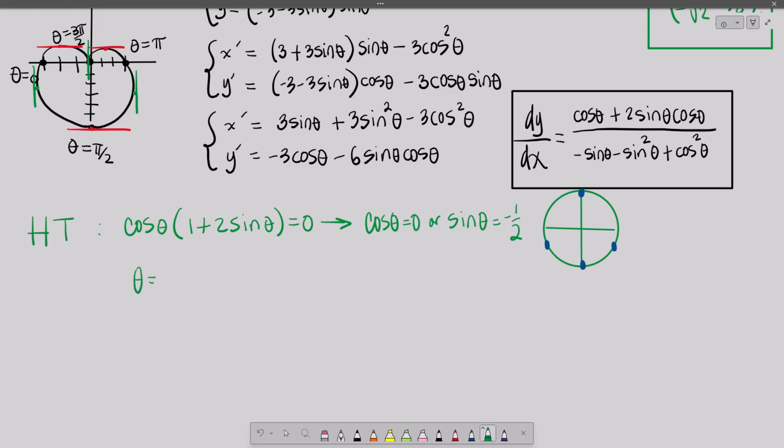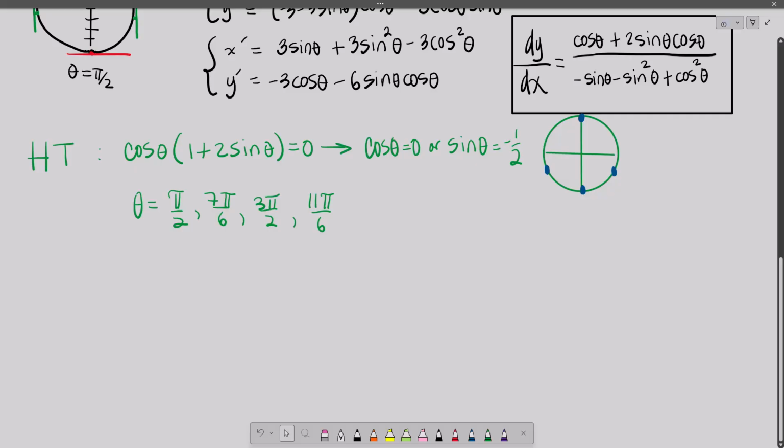Theta is equal to, let's just go in order, pi over 2, 7 pi over 6, 3 pi over 2, and 11 pi over 6. So there are the 4 zeros. Those are our potential horizontal tangents.